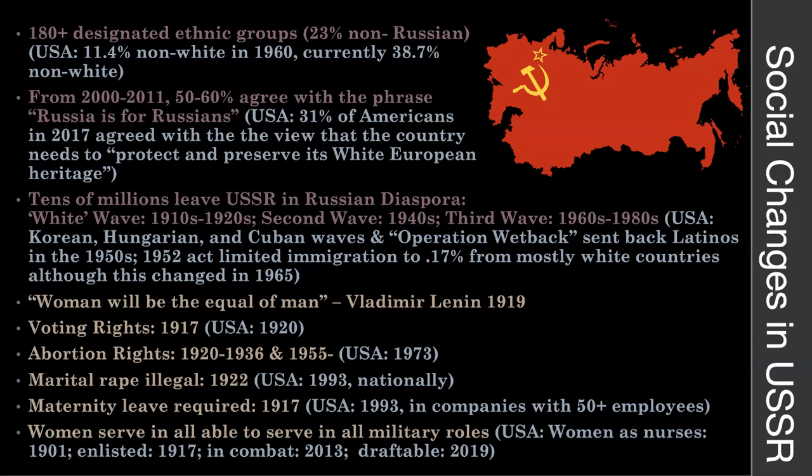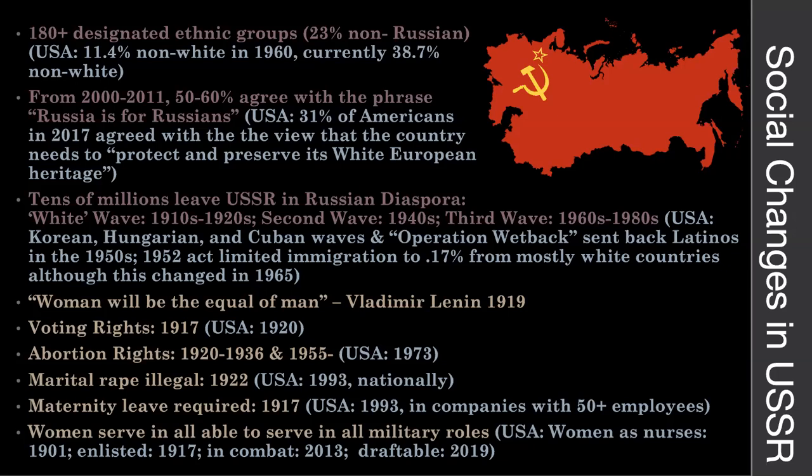Other big changes, right? So in 1960, 11% of the United States is non-white. Currently, it's nearly 4 times as much. And that has to do with the previous screen, the Voting Rights Act, the Civil Rights Act, immigration aspects of those acts, which meant that the United States completely overturned its 1924 eugenics laws, which heavily restricted immigration from non-white countries.